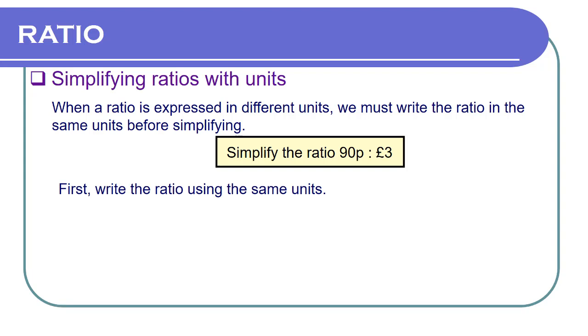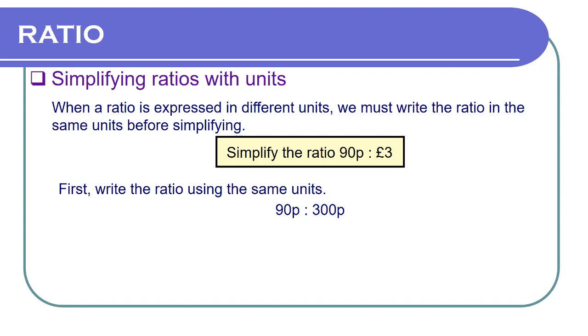So the units are different, then change into the same units. For example, we change pounds sterling to pence. So 1 pound sterling is equal to 100 pence. So 3 pounds sterling is 300 pence. So the ratio becomes 90 pence to 300 pence.